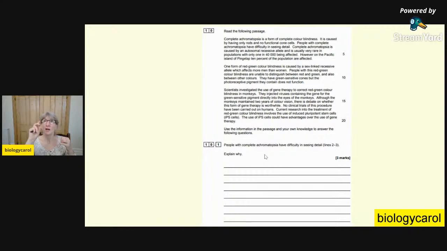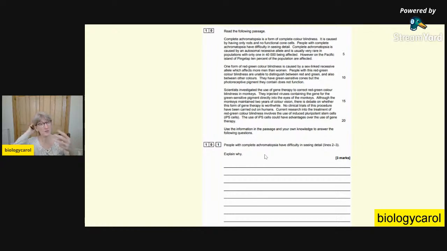Because each cone is connected to its own bipolar neuron, if 2 points of light hit 2 cones, the brain receives 2 nerve impulses and therefore perceives 2 points of light.